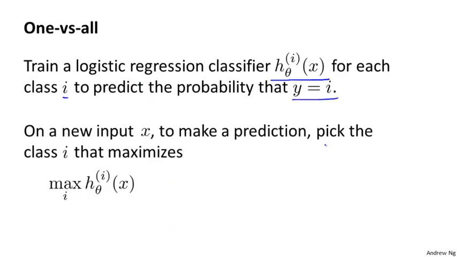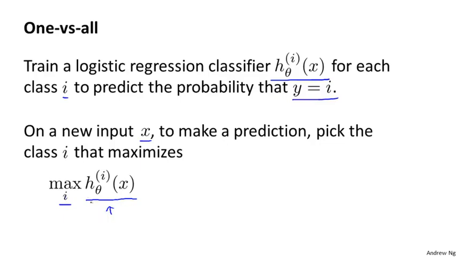Finally, to make a prediction, when we're given a new input x and we want to make a prediction, what we do is we just run all 3 of our classifiers on the input x, and we then pick the class i that maximizes the three. So we just basically pick whichever one of the 3 classifiers is most confident, or most enthusiastically says that it thinks it has the right class.